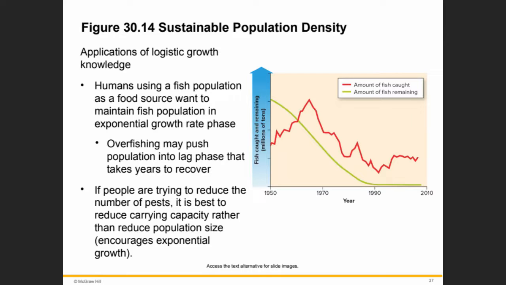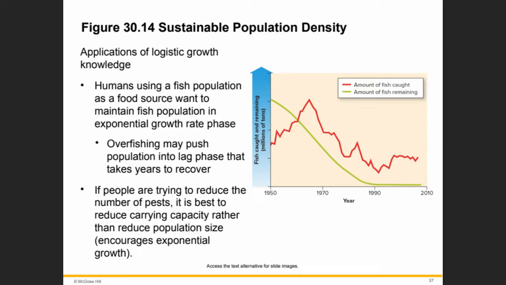So let's talk about this graph. The graph plots fish catch and fish remaining in millions of tons on the vertical axis per year, from 1950 to 2010, in increments of 20 on the horizontal axis. The data from the graph are as follows.